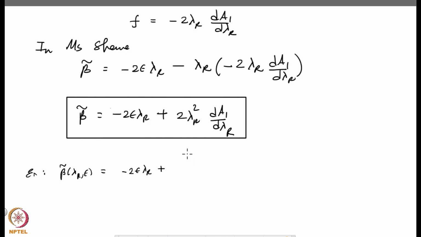Maybe I'll just give you the answer. All you have to do is take the derivative of a1, and that derivative of a1 you can find from the Z of lambda that I have just corrected. So that's the beta function in phi-4 theory.